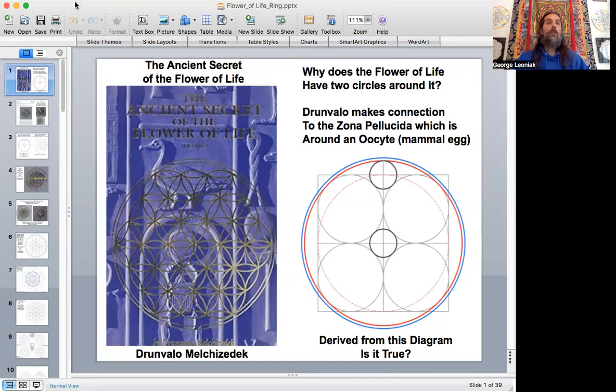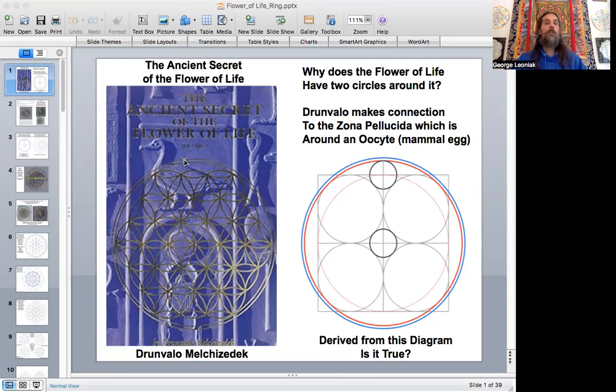All right, so of course, the Drunvalo Melchizedek book, The Ancient Secret of the Flower of Life. In the book, he describes a few times what this outer ring, and the importance of the outer ring in this diagram was, that he discovered on his trail of discovery. And he refers to this as the Zona Pellucida.